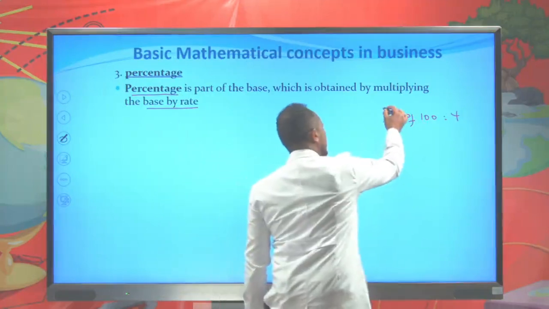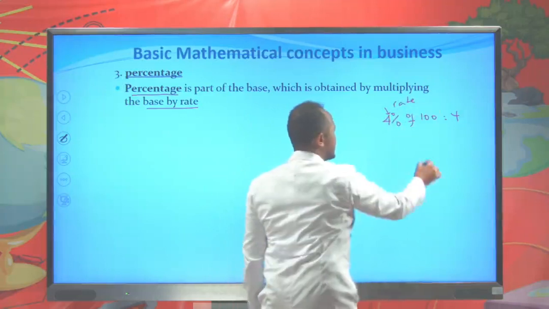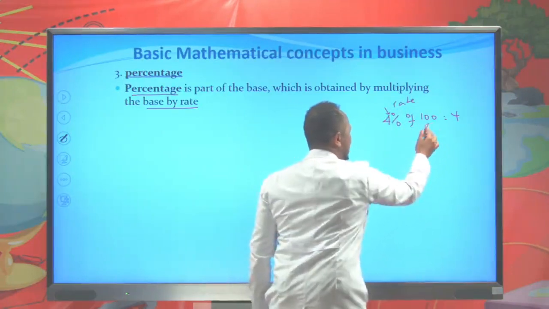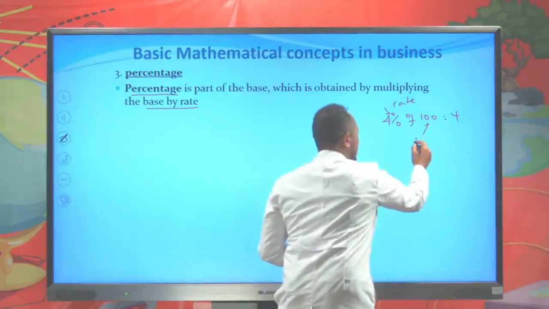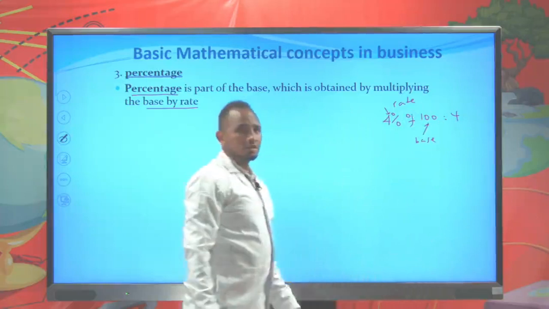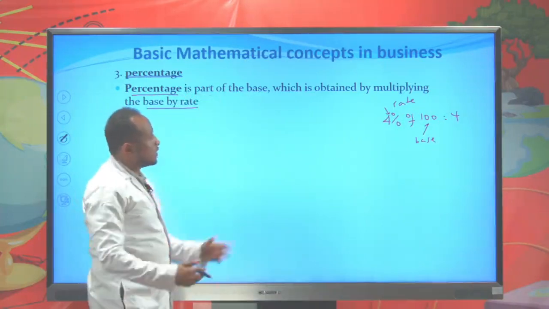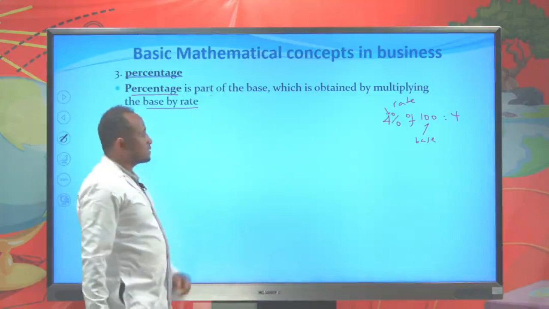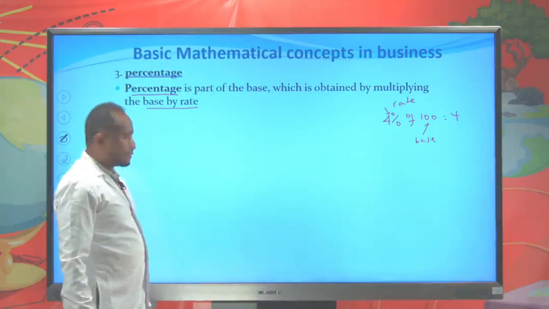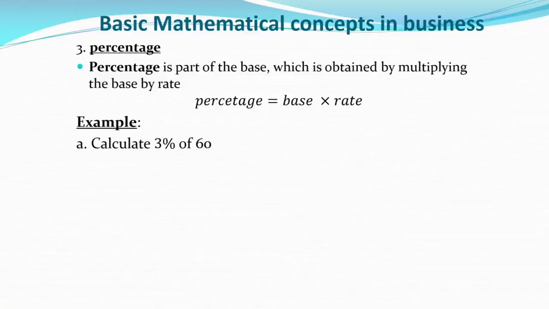So in this case, we call the number expressed in percent the rate, the whole amount is the base, and a part of the base is its percentage. Therefore, percentage is the part of the base which is obtained by multiplying the base by rate. So percentage is given by base times rate.